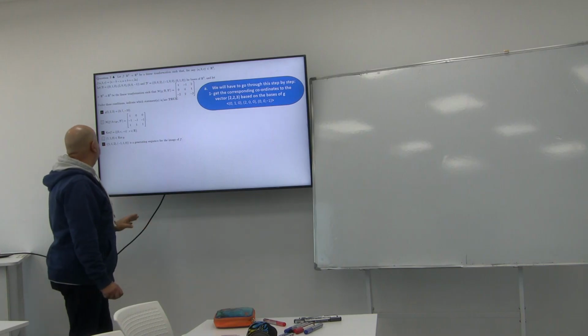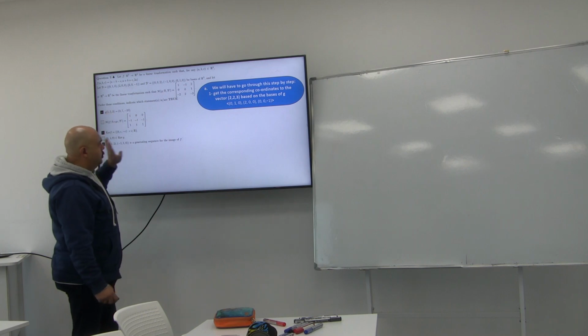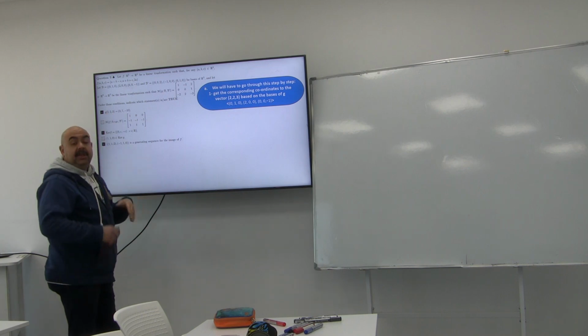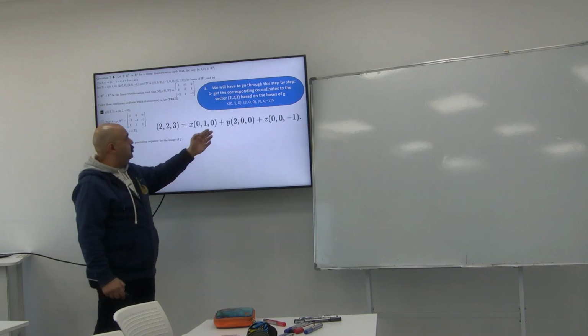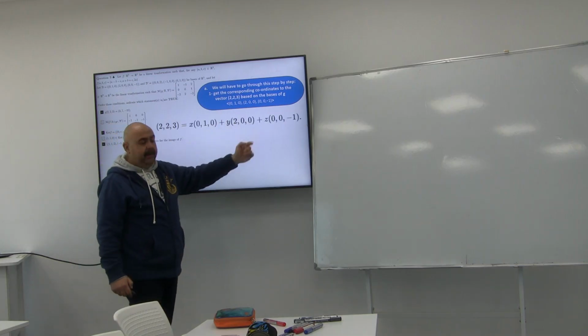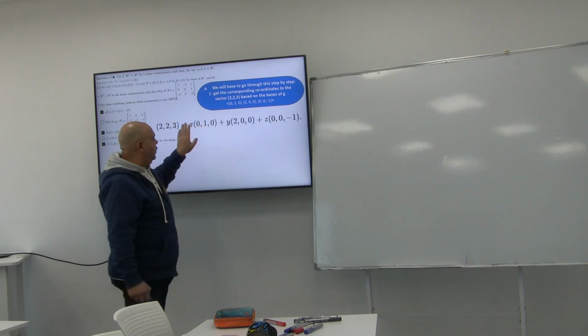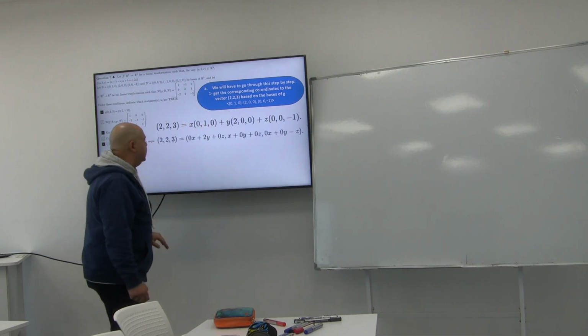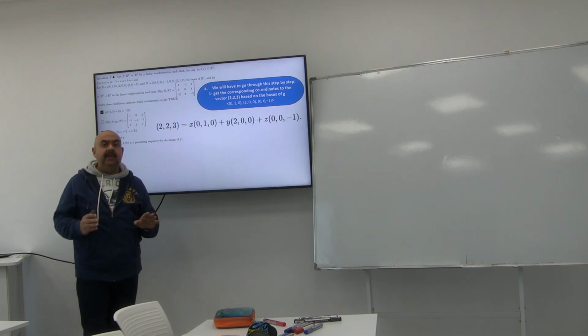All I have to do is take our vector (2, 2, 3) and use the given basis of B, with coordinates x, y, z, and you will end up having a system of equations. We did that plenty of times. You will find that in your main slides and lectures plenty of times.